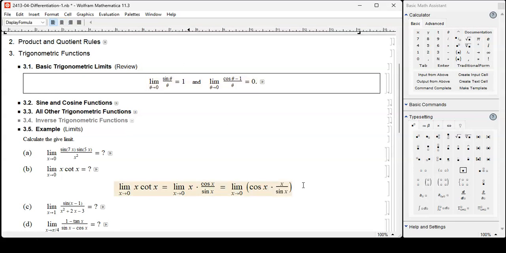And cosine of 0, that too is going to 1. Remember, cosine of 0 is 1. Sine of 0 is 0, but cosine of 0 is 1. So this is no problem. X over sine of x, that's 1, as you can see here, as long as we have the same angle. Previously, we didn't have the same angle, so artificially I had to create 7x and 5x. This time, no need for that.